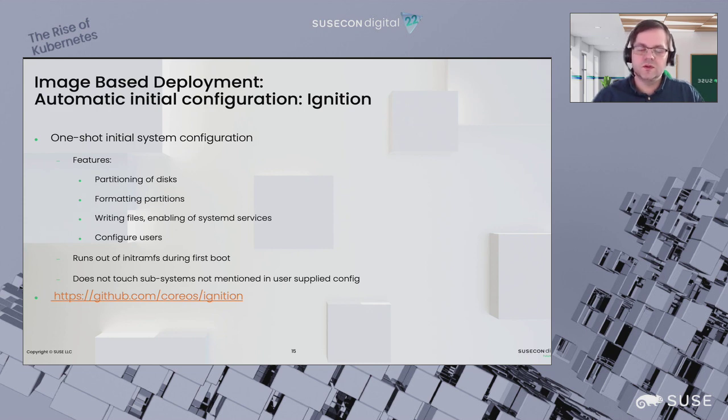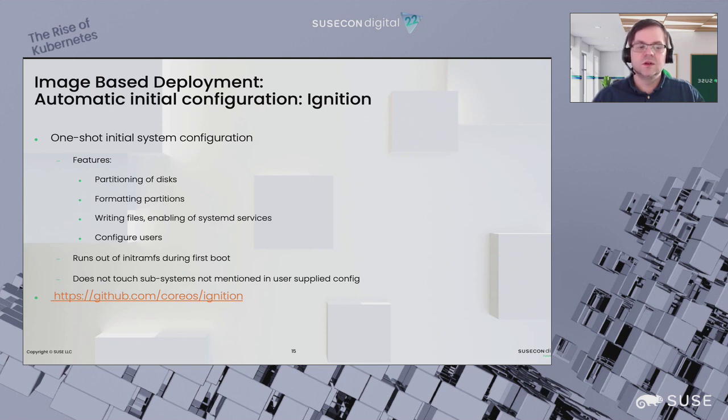Ignition can be used to partition your disk, format the partitions, write configuration files, enable systemd services, and configure users and user passwords. It runs from the initial RAM system on first system boot and configures the operating system partition as required by the configuration that you're providing. Ignition does only touch the subsystems and configuration files that you tell it to do so.